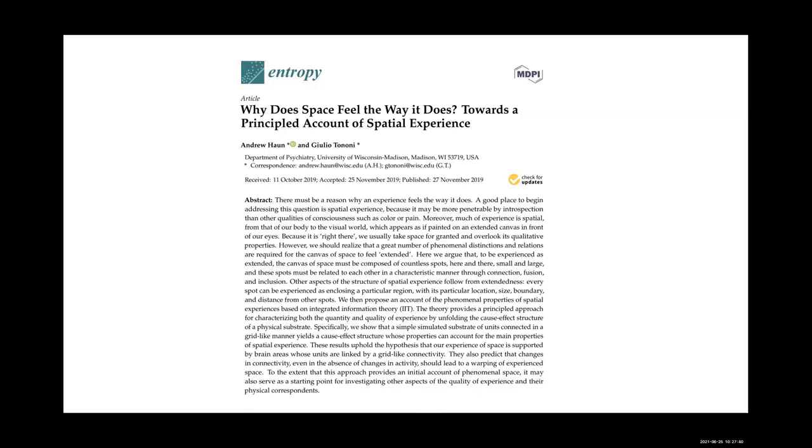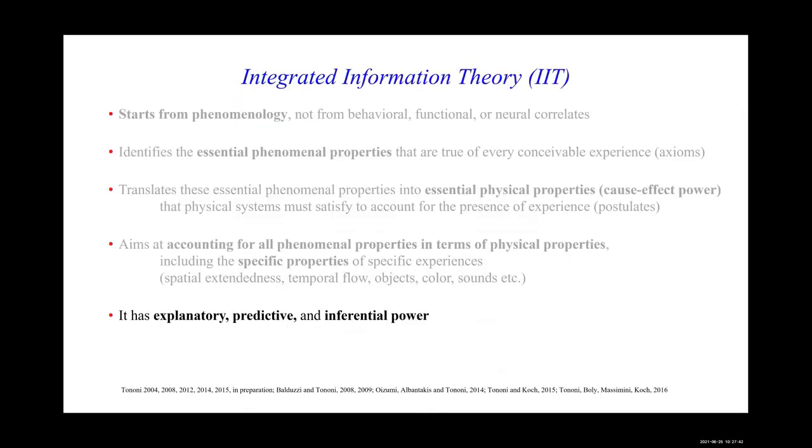So with that, I want to briefly go to the fact that as a scientific theory, IIT is actually testable. It has explanatory, predictive, and inferential power. To me, the explanatory power actually comes first. For something as fundamental as consciousness, you need to first try to account for many diverse and basic observations with a coherent theory.